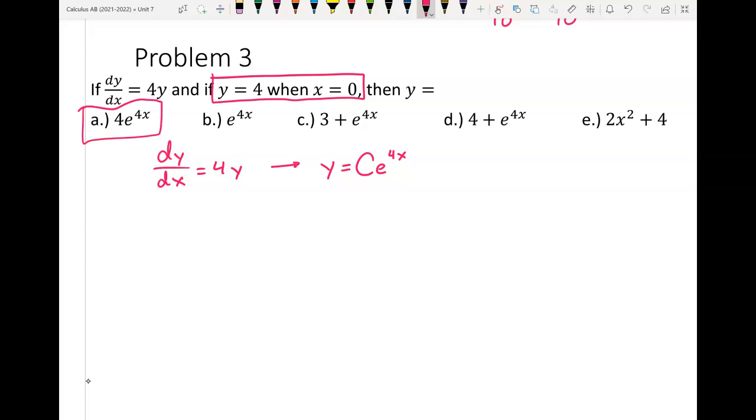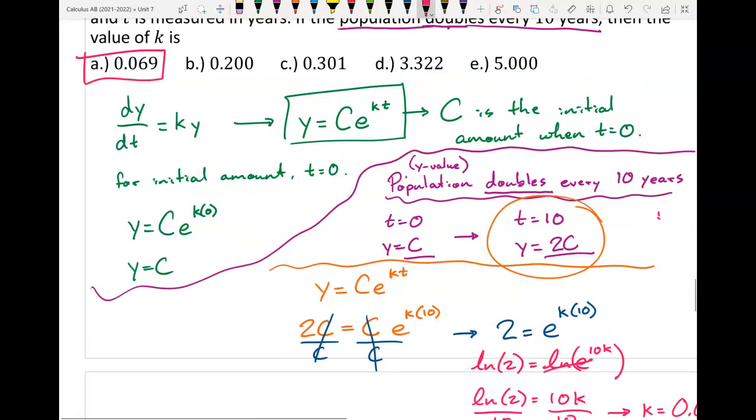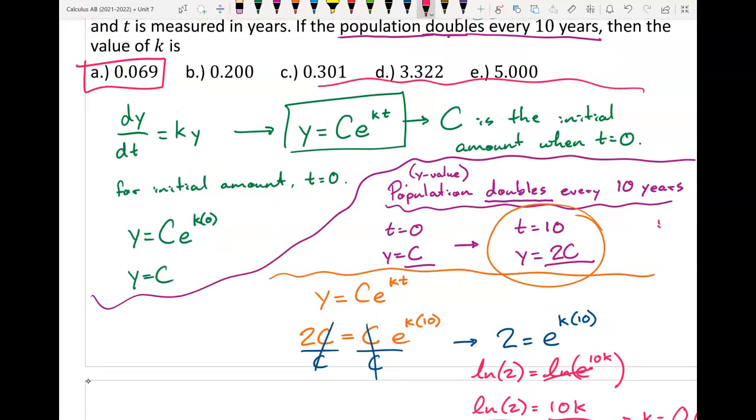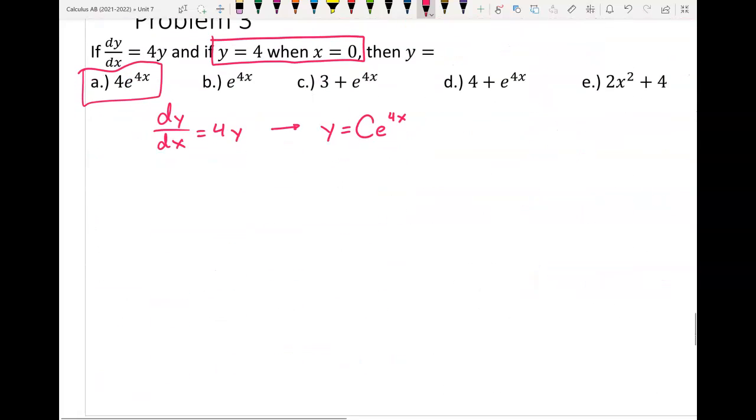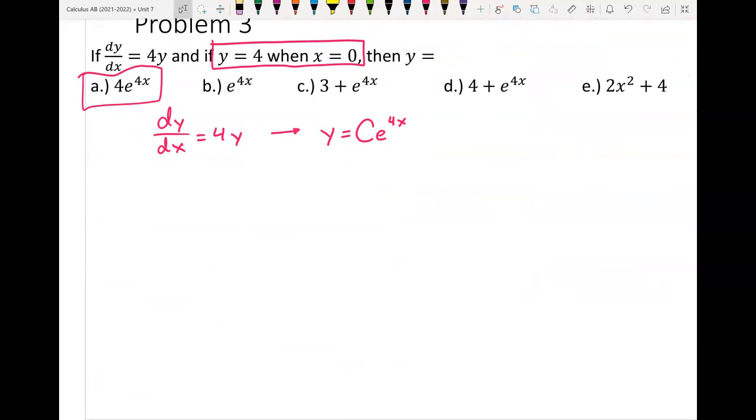But we also saw on the previous problem this right here. What is c if our variable is equal to 0? C is the y value. If we plug in 0, y is the c amount. If you don't remember that, you can always plug it in. It's not the end of the world.